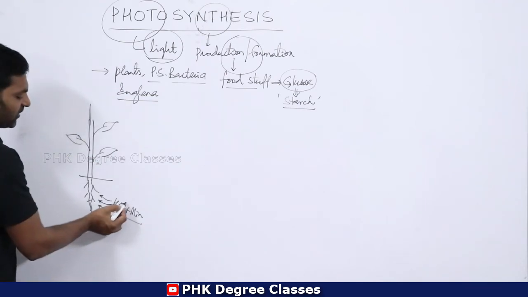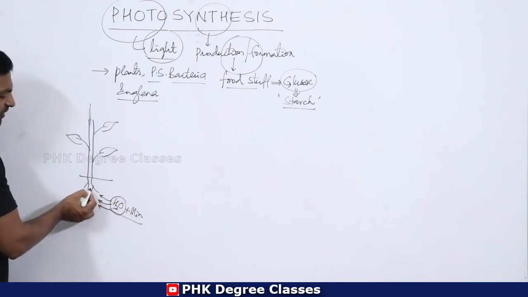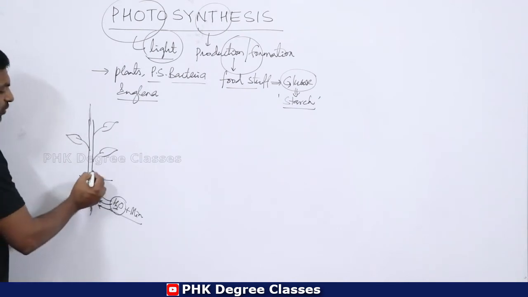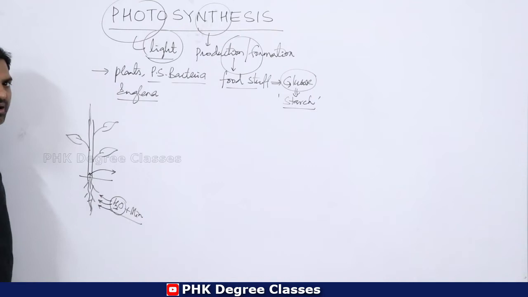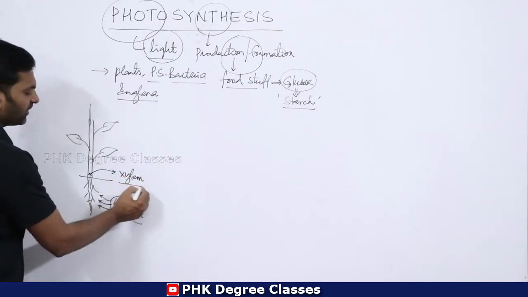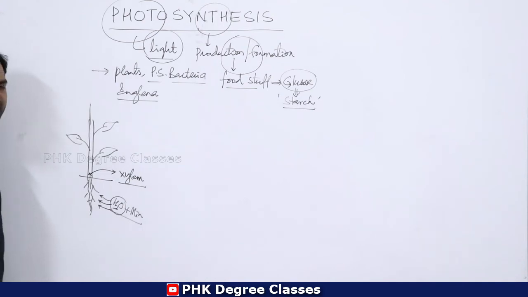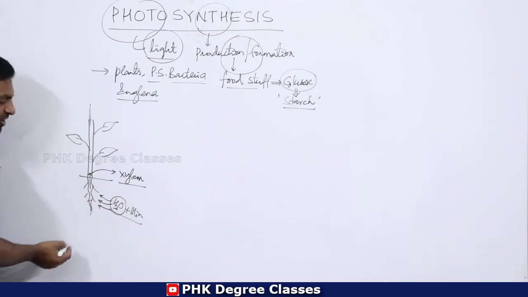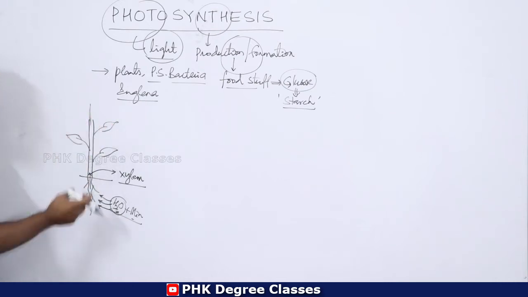This water moves from the roots to the stem, or shoot, through a compound tissue, that is xylem, along with phloem. The xylem is involved in the transportation of water and minerals from the roots to different parts of the plant.